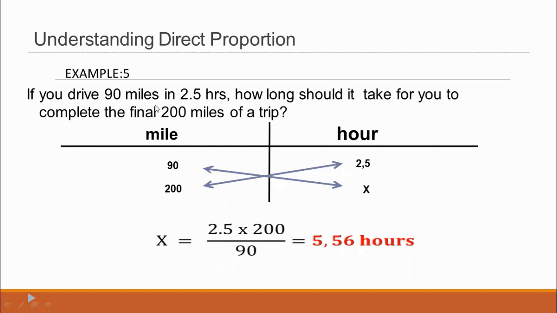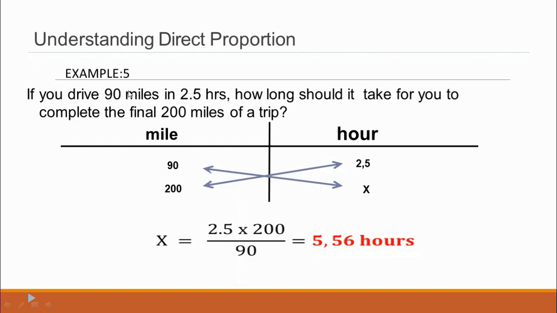Now another example, if you drive 90 miles in 2.5 hours, so 90 miles is present in the first sentence. How long should it take for you to complete the final 200 miles of a trip? So in this example, 90 miles in the first sentence and 200 miles in the second sentence.